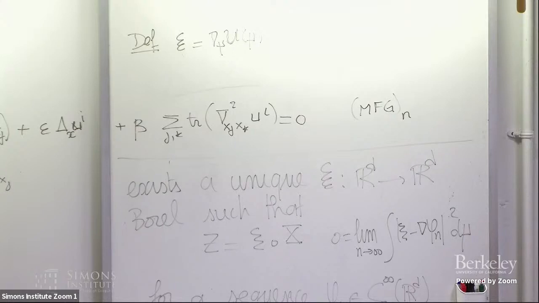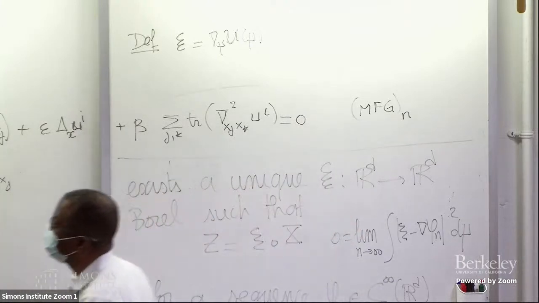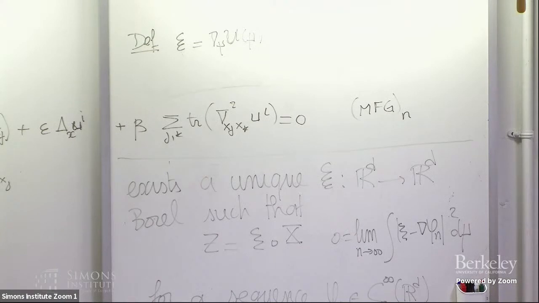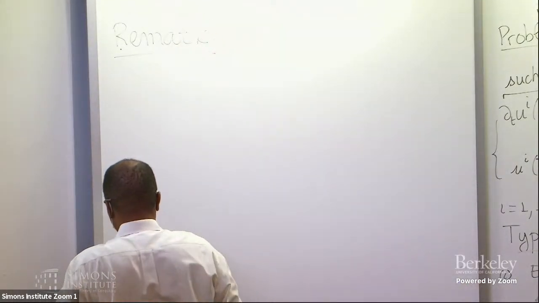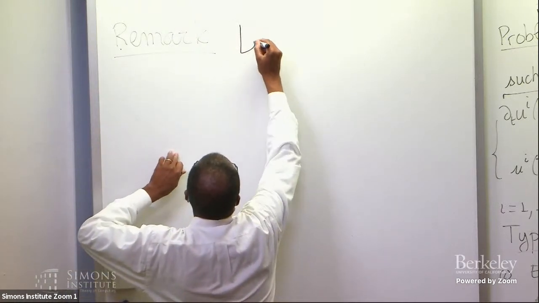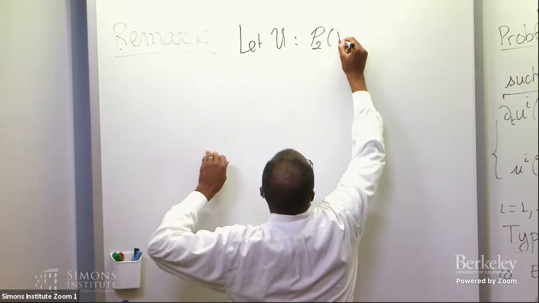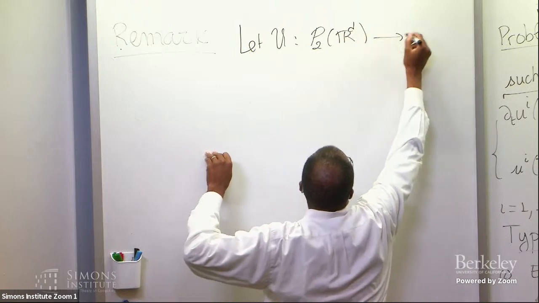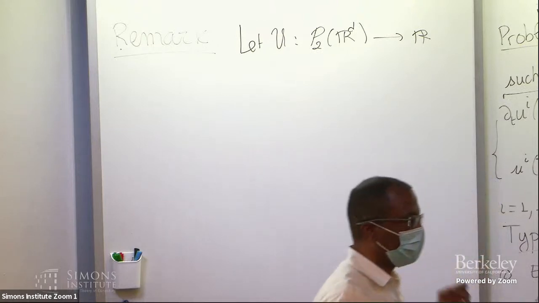So take a smooth function. Remark. Let U be from P2 of R^d to R, and assume that my function is differentiable everywhere.